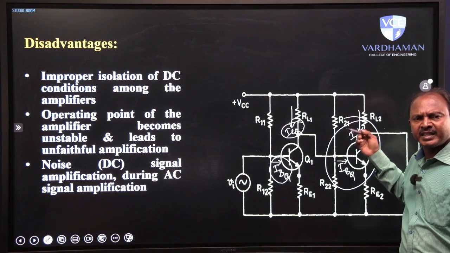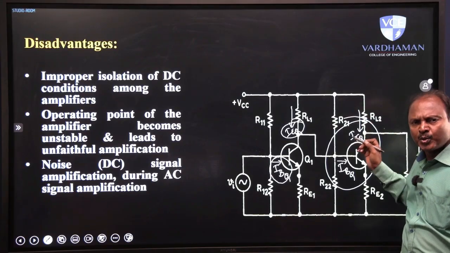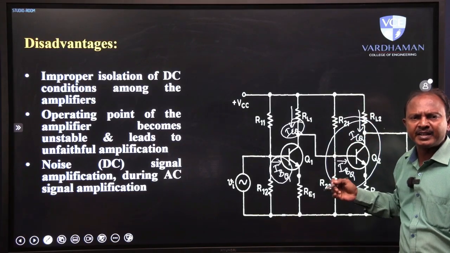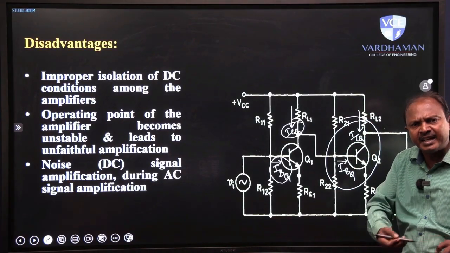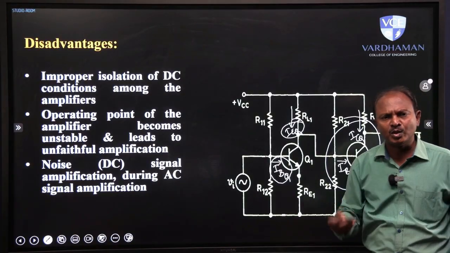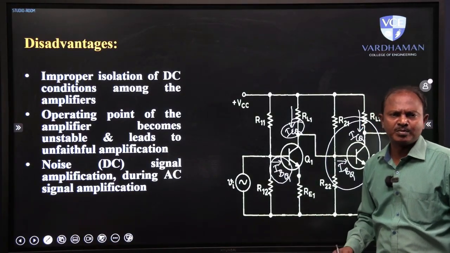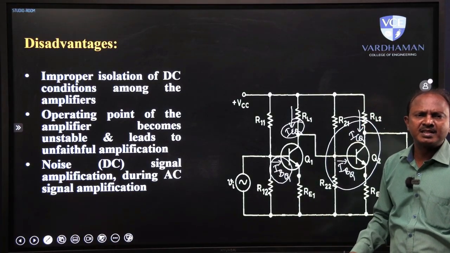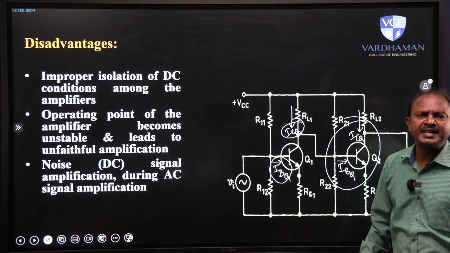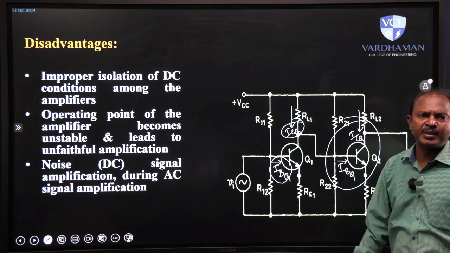As a result, at the output section of the multi-stage amplifier, that noise content gets highly amplified and delivered into the load, which is completely undesirable. That is, noise amplification during AC signal amplification is the other drawback in the circuit.